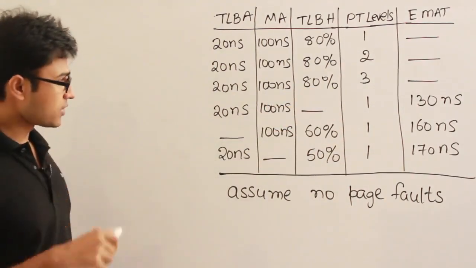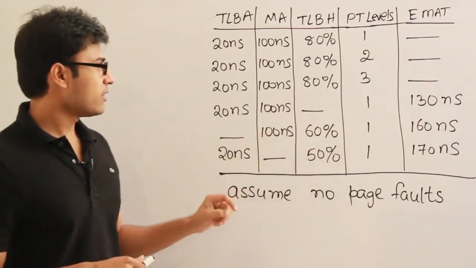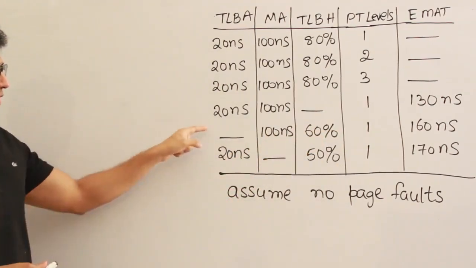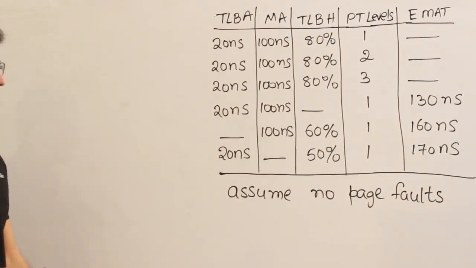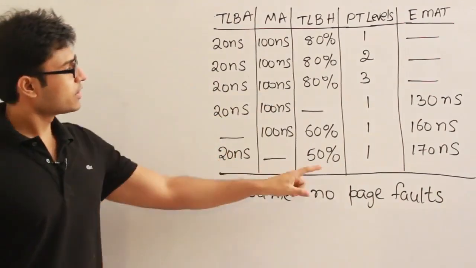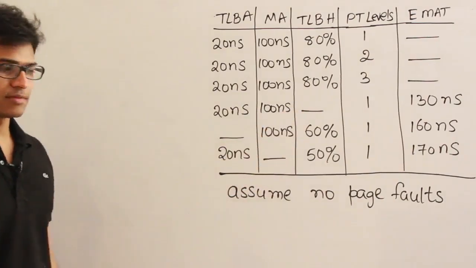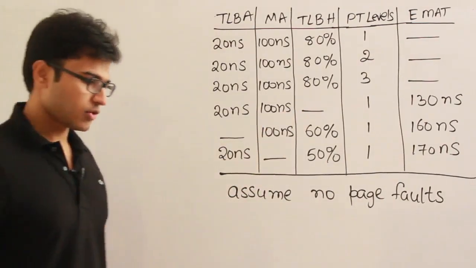The next kind of question is, they will give you everything and ask what the TLB access time should be, so that the effective access time is that. And the other kind is, they will ask what the main memory access time should be, so that the effective memory access time is so and so. So all these questions are possible.